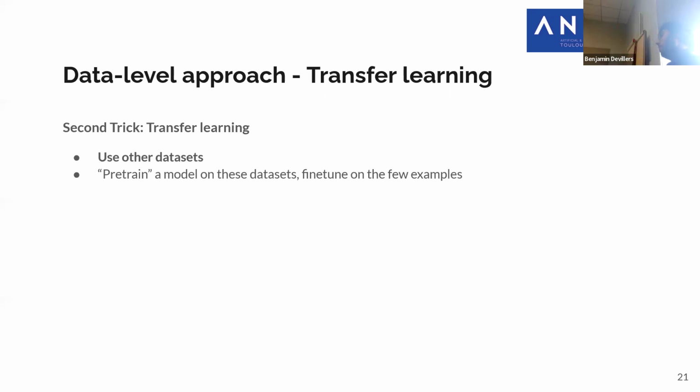And so if you pre-train your model on one data set that is very large and has lots of information, even if it's different from what you want to do, the first layers, because they're very general, could be used for your own task.